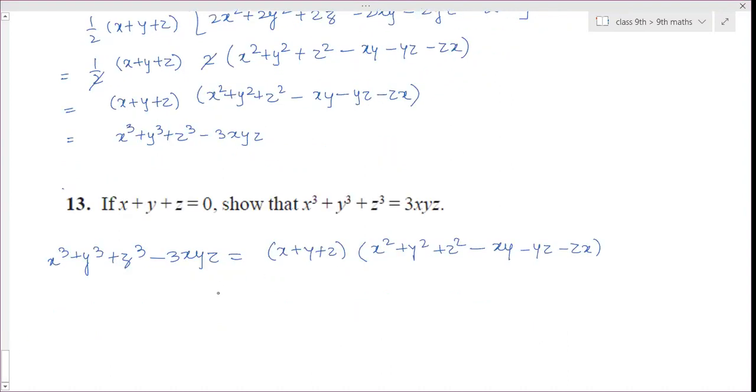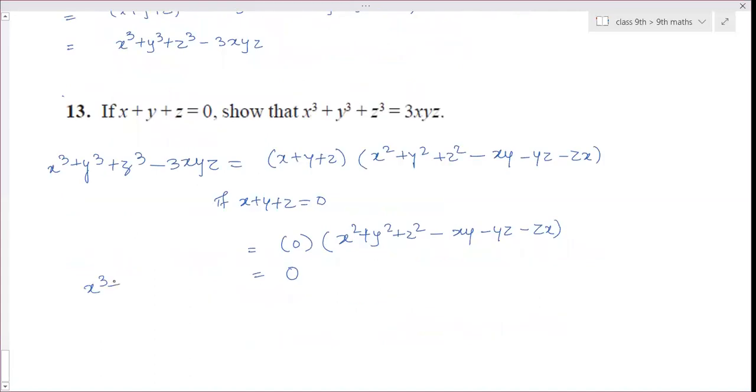So now in this identity, if x plus y plus z is equal to 0, then RHS will become 0 into x square plus y square plus z square minus xy minus yz minus zx. So 0 into anything is 0. Therefore x cube plus y cube plus z cube minus 3xyz is equal to 0, and therefore x cube plus y cube plus z cube is equal to 3xyz. This is proved.